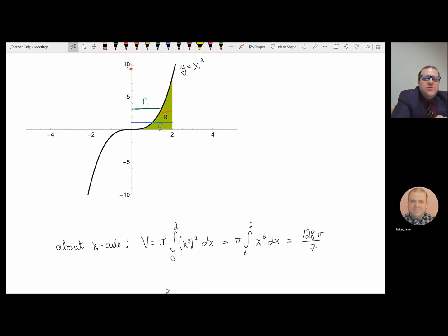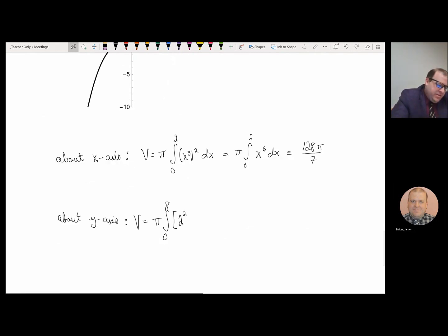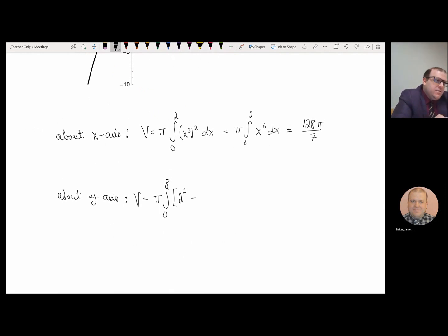It's from the y-axis to the end. Minus inner radius squared.